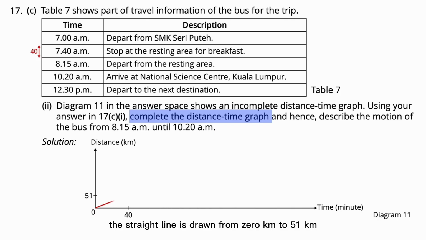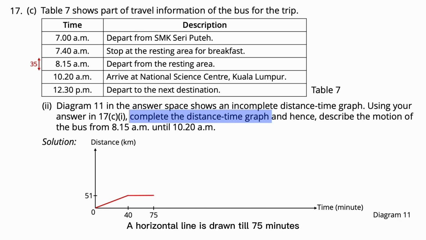The straight line is drawn from 0 kilometers to 51 kilometers, and the time is 40 minutes. Then, stop at the resting area for 35 minutes for breakfast. A horizontal line is drawn till 75 minutes. Starting again from 75 minutes to 200 minutes and covering 158 kilometers.